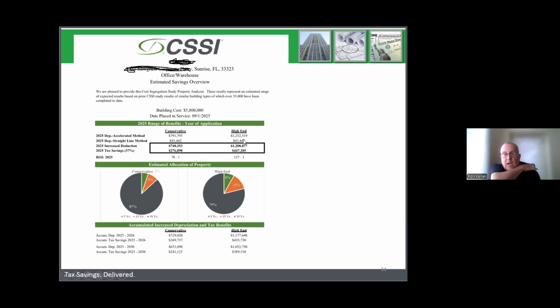But again, that's the annual depreciation, and like the one you get, that's the straight line depreciation. If you do $5.8 million divided by 39, okay, that would be more than $100,000. Yeah, okay, I'll check it out. I'll let you know.